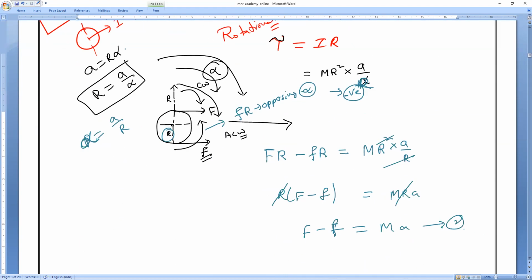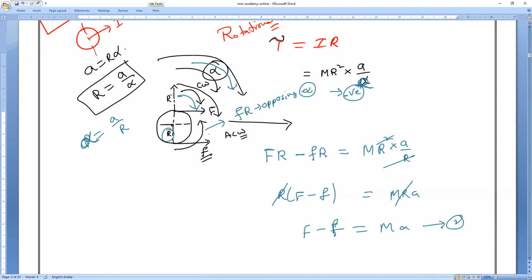Once again, I'm saying R cross F is clockwise and it is making a forward motion. Sorry, a small mistake here. Angular acceleration is in this direction, and we are going from F cross R. Here F cross R, is it clockwise or anti-clockwise?